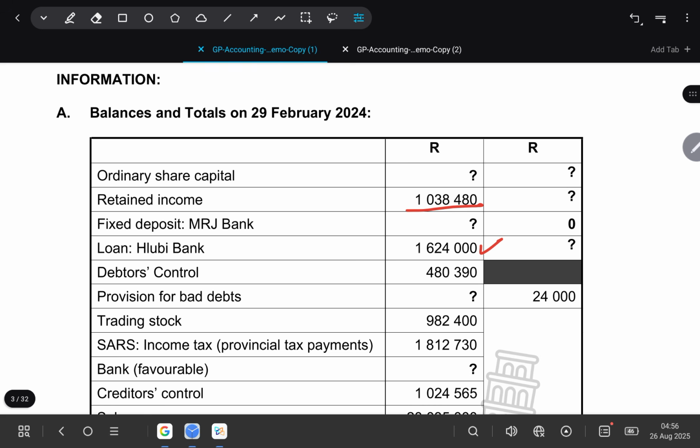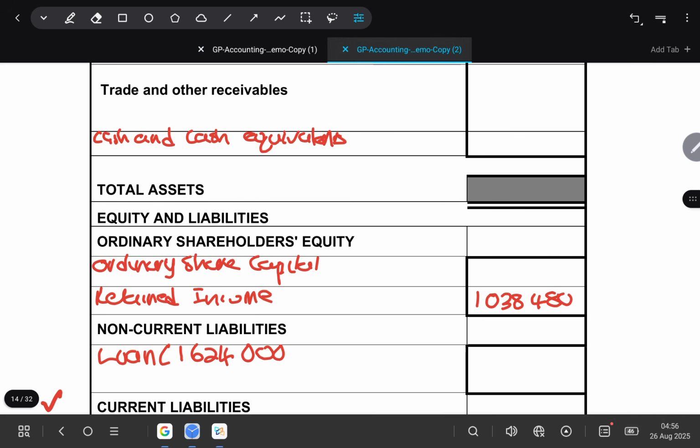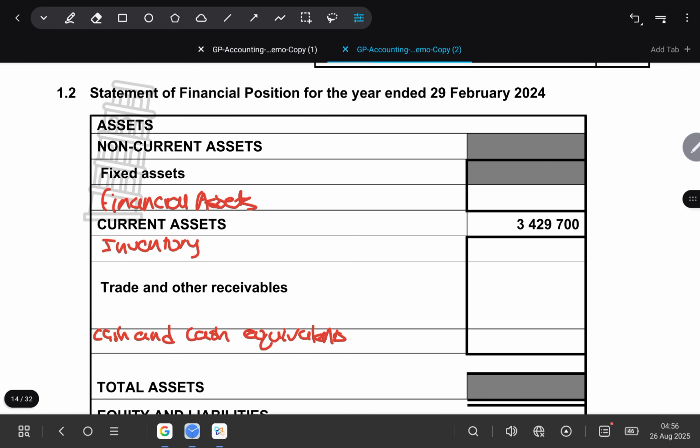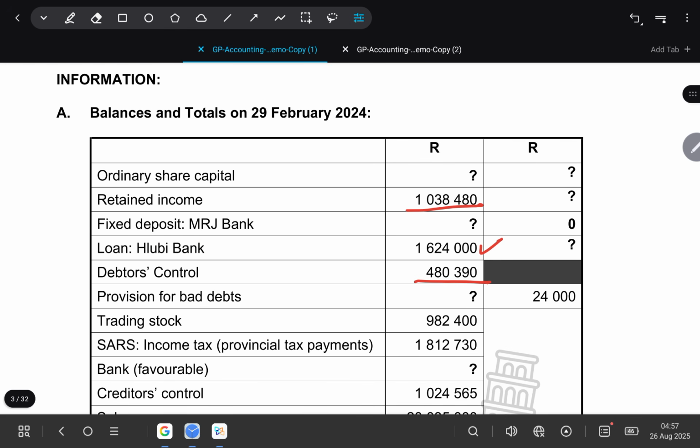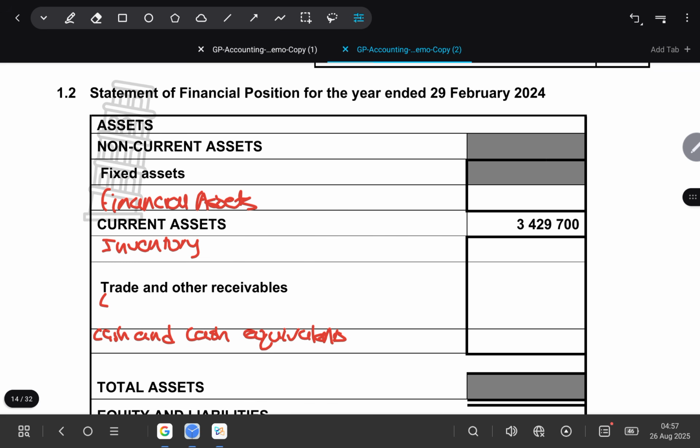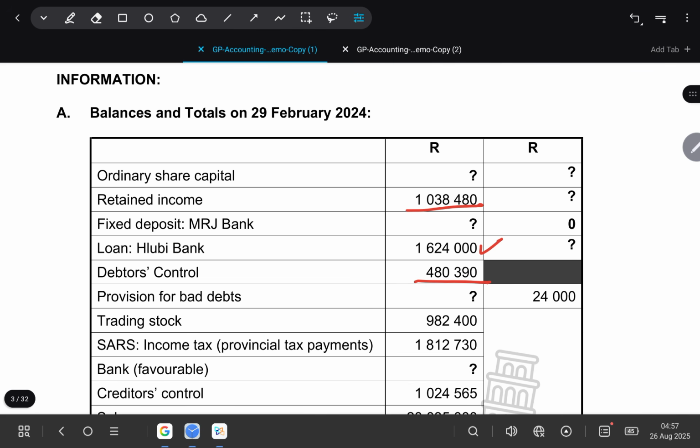And then after this, we have the tax control for 480,390. So under trade and other receivables, we'll have 480,390. Then we are done with that.